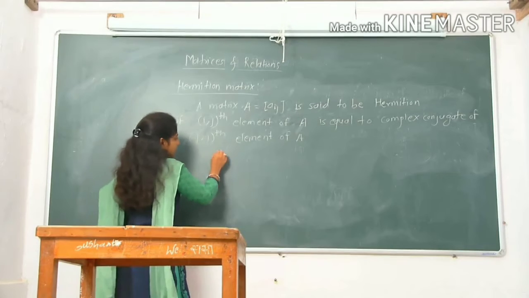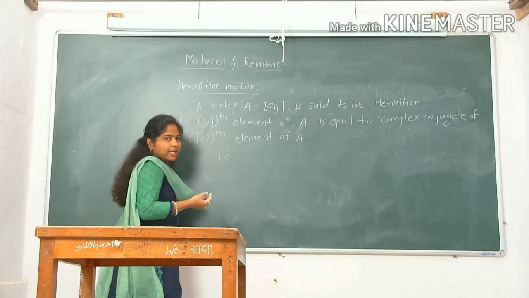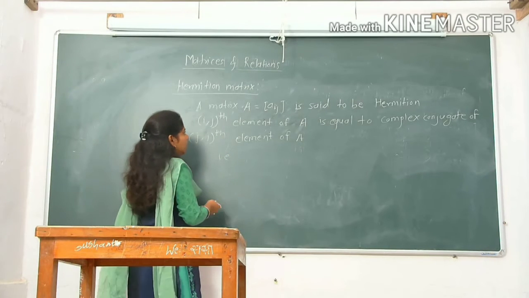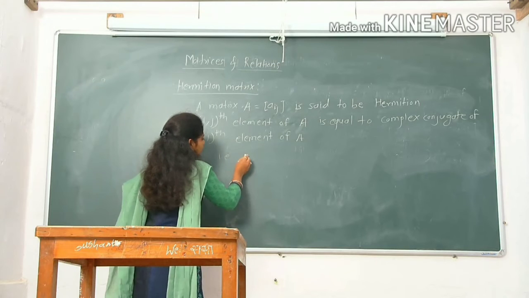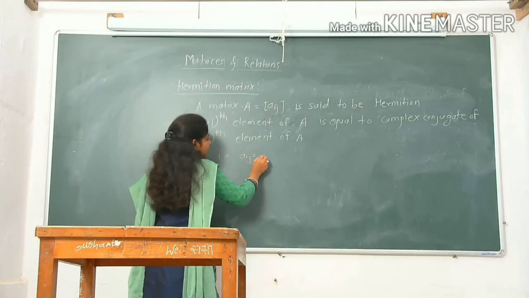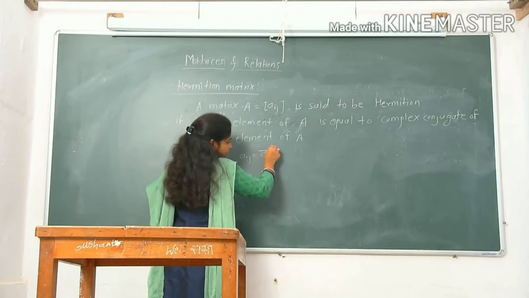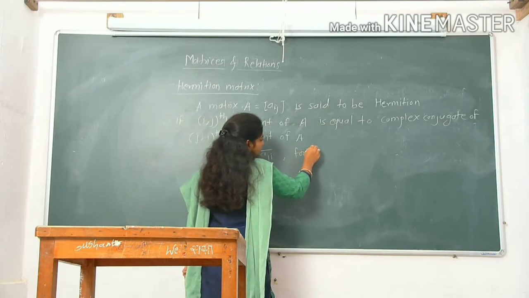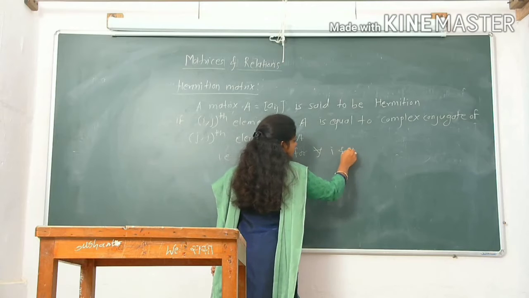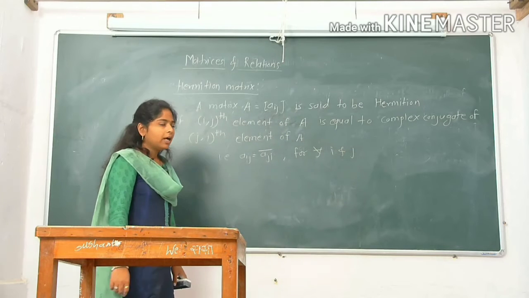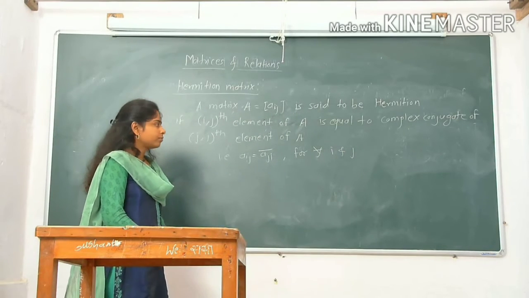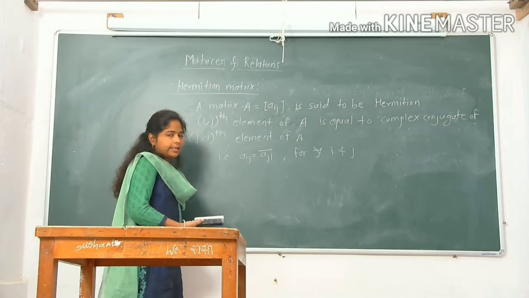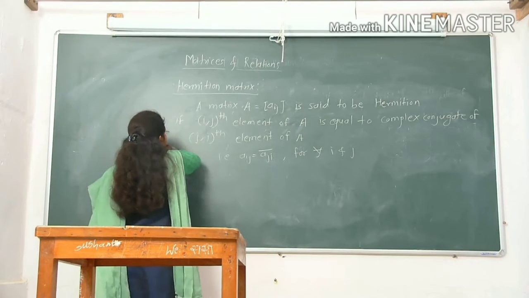That is, a matrix A is said to be Hermitian if Aij is equal to Aji bar for all i and j. Now, let us see an example of a Hermitian matrix.